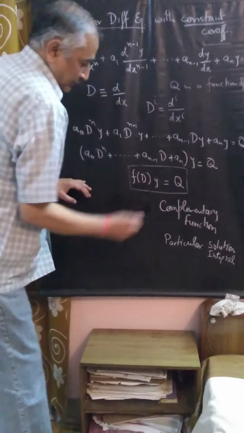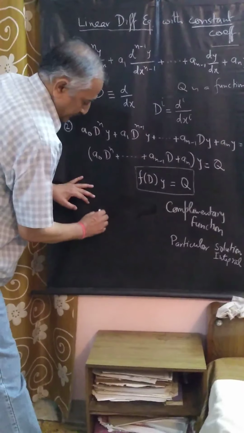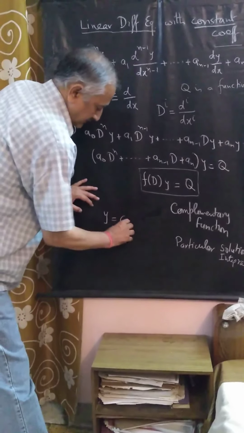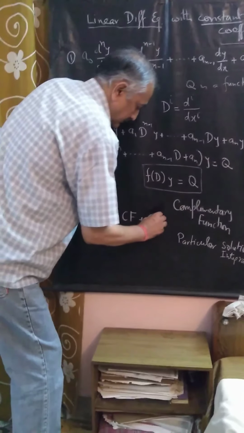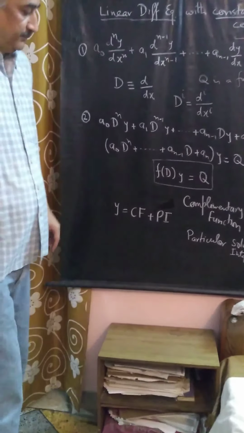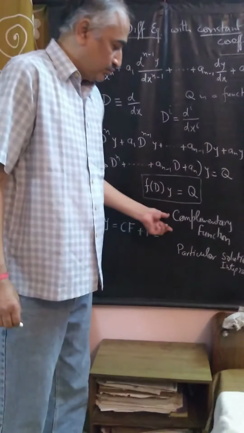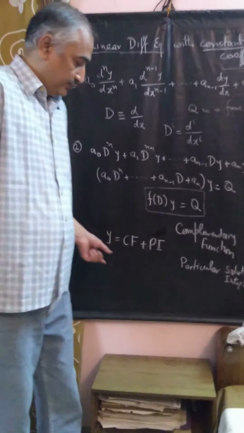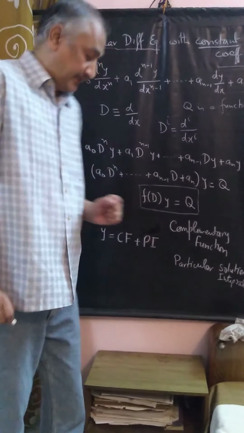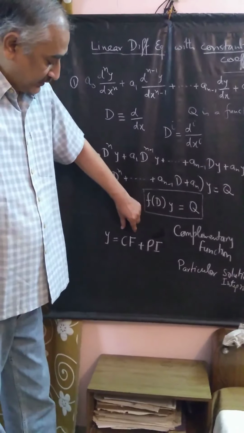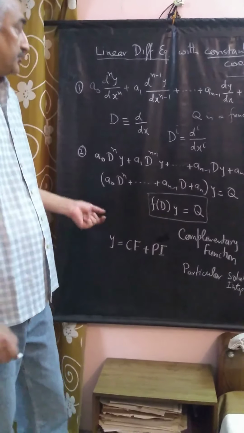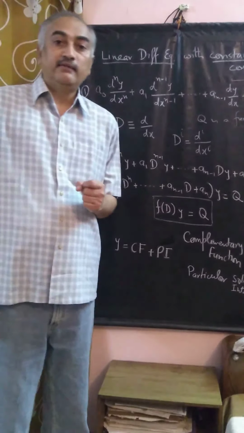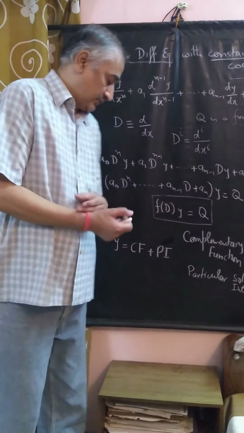And the complete solution of this differential equation is the sum of these two parts. We'll learn how to find the complementary function. We'll learn how to find the particular integral. When you put CF here, PI here, their sum is the solution of the given linear differential equation with constant coefficients.